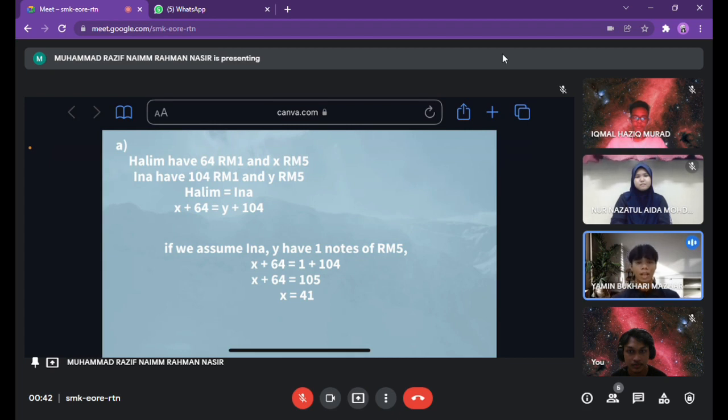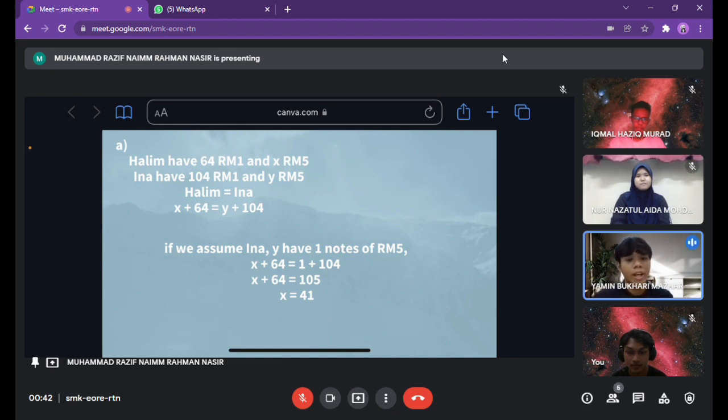Since we use an assumption to solve our problem, we can assume that Ina has 1 note of RM5, so we can replace Y with 1 and solve the equation.